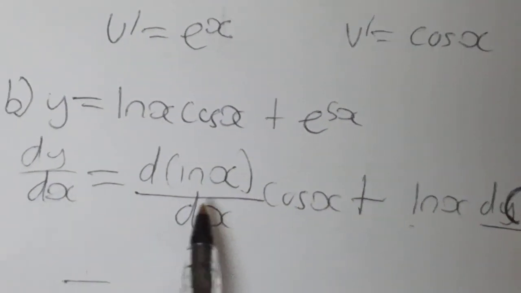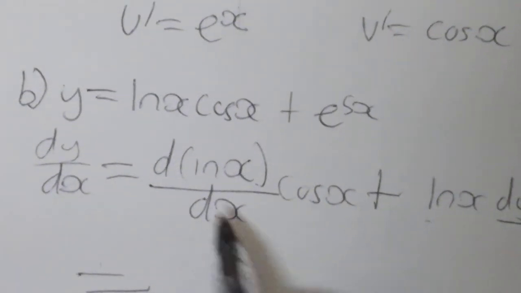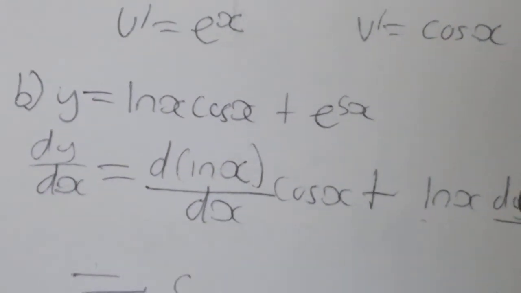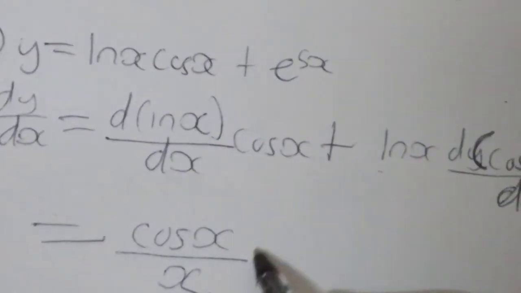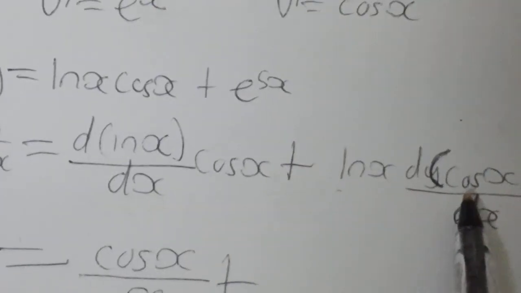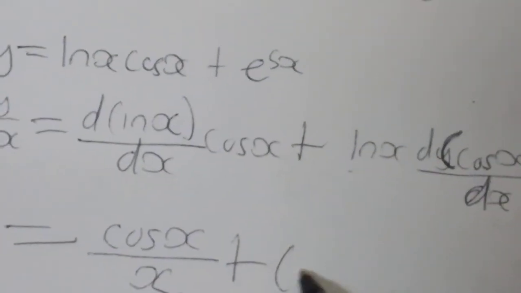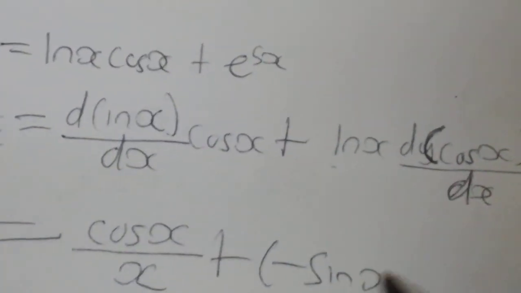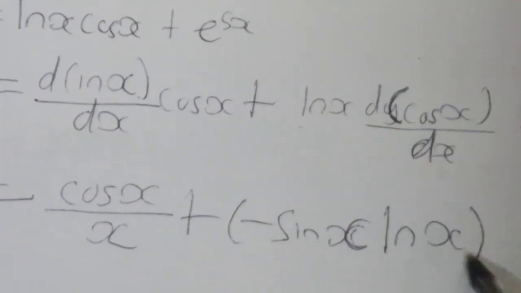So we said the differentiation of ln x is just what? 1 over x. So 1 over x times cos x will be cos x over x. Then plus ln x just stays the way it is. The differentiation of cos x is negative sine x. So it will be negative sine x ln x.